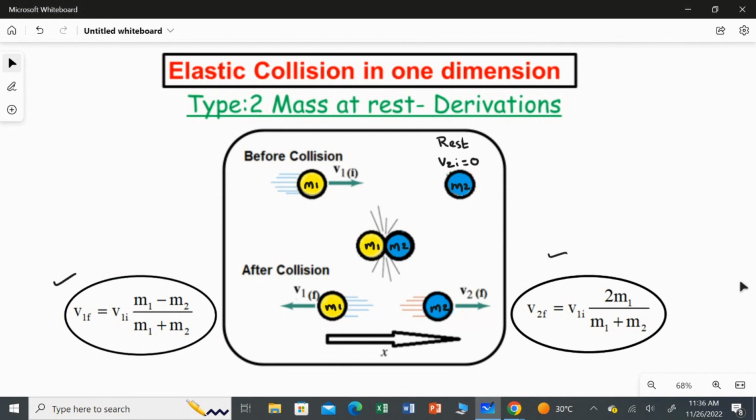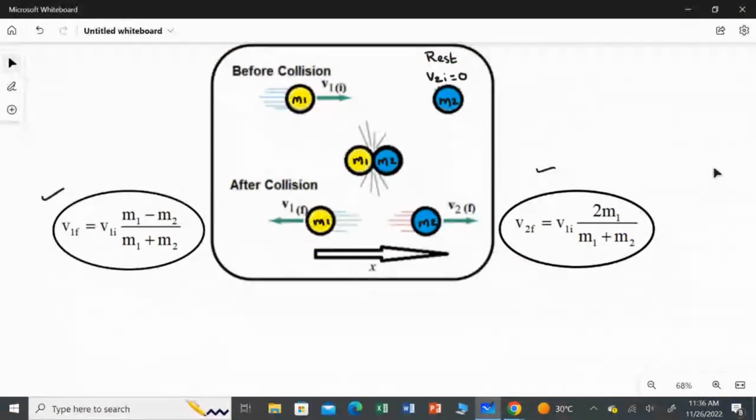That's it. Clear? Okay. First of all, I'm going to frame the equation of the law of conservation of linear momentum. I'm going to write the equation from the figure. In the figure, M1 moves with speed v1I. So here I have to frame the equation according to the law of conservation of linear momentum.